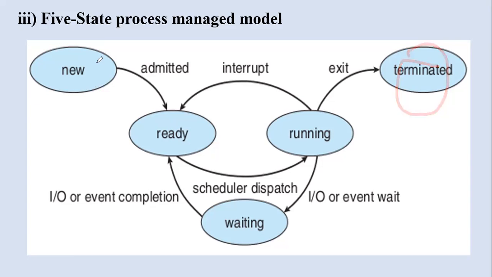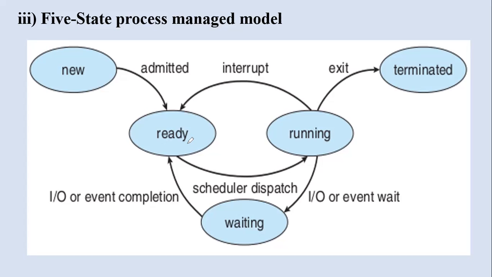So in the new state, the process is created and initialized. And once everything that it requires is in place, the process is admitted into the ready queue to join those other processes that are waiting for their turn in main memory.